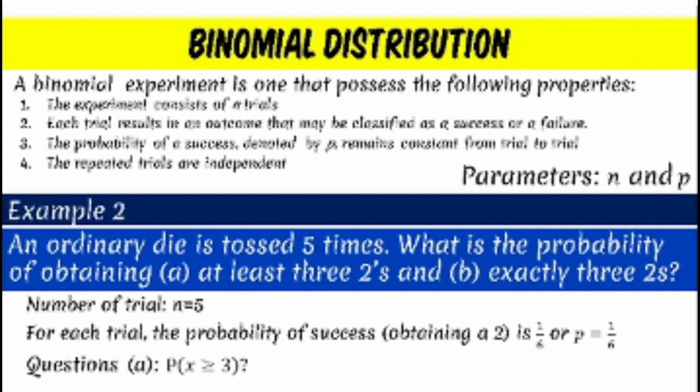It could be 5. That means that when we toss that die 5 times, we have 5 twos. So that is how we write the first problem. It's greater than or equal to 3. Remember the word at least. And then of course the second problem is exactly 3, so the probability that x is exactly 3.